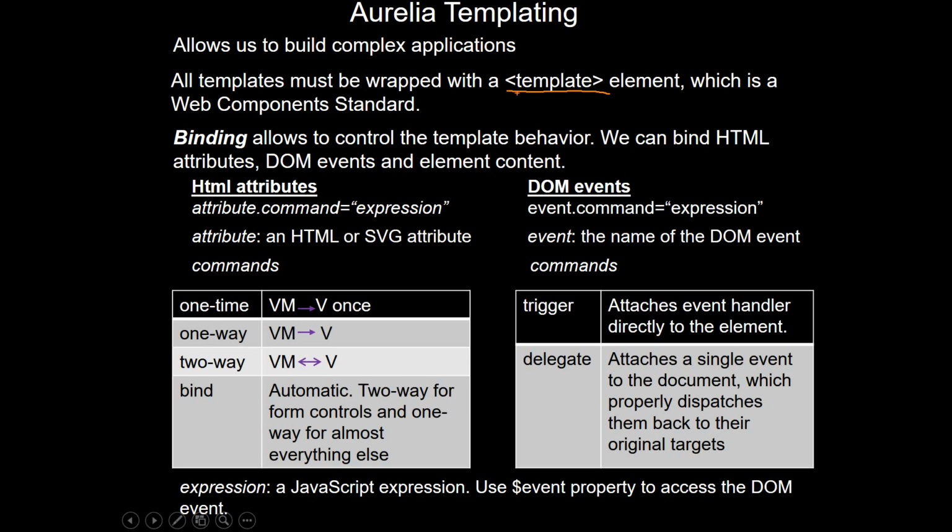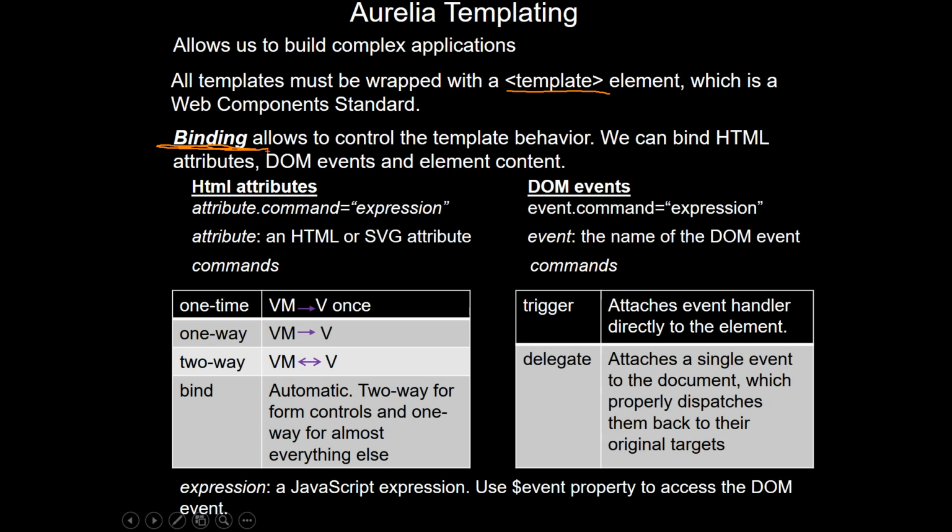So that's very important. You need to always surround your views with the template HTML element. Then the binding allows you to control the behavior. How I could bind the HTML attributes, the DOM events, and the element content using the Aurelia binding.